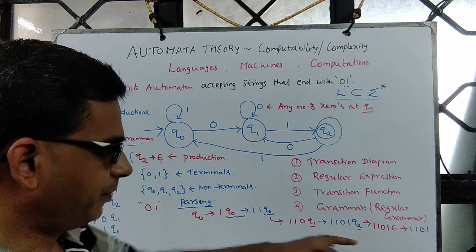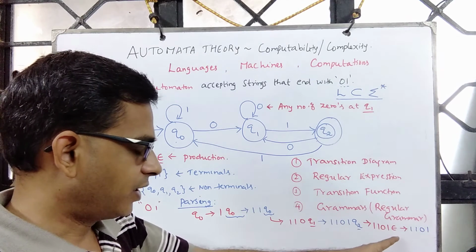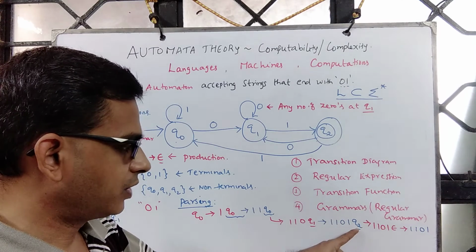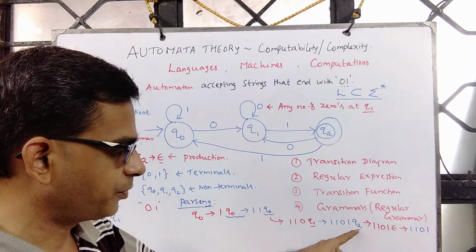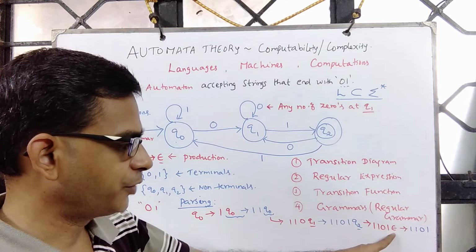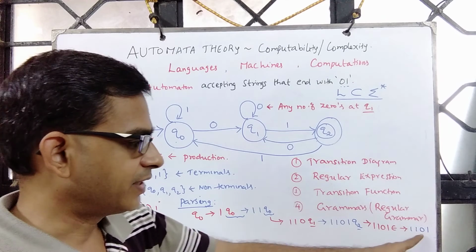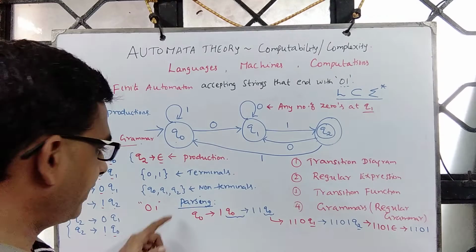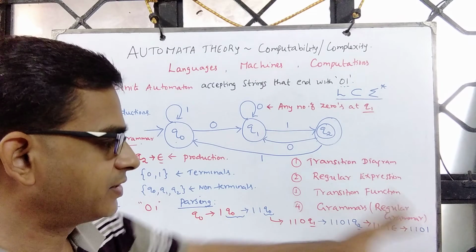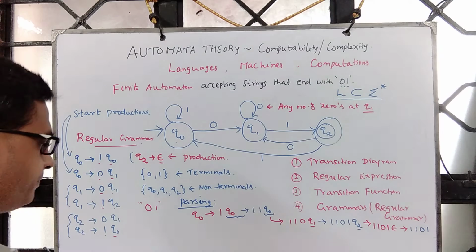Like that, if you keep doing, somewhere you decide to stop, meaning you don't want to continue further, then choose the production that says Q2 implies epsilon. That gives you the desired string. And this tells you that here is a way to parse the string 1101.